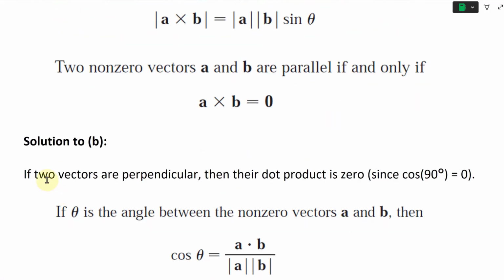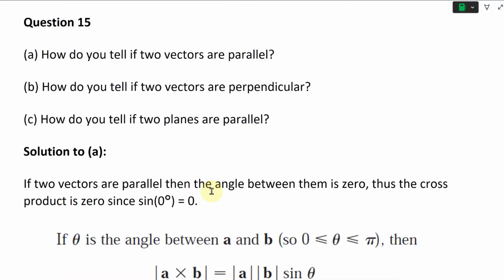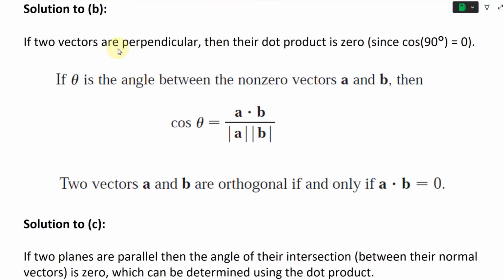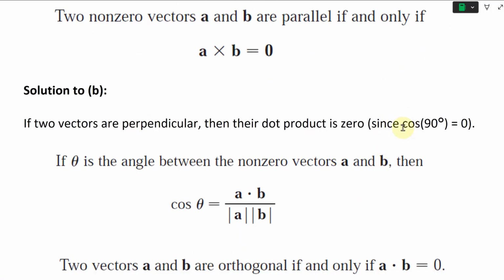All right, so now let's look at the solution to B, which asks, how do you tell if two vectors are perpendicular? If two vectors are perpendicular, then their dot product is 0, as we covered earlier, since cosine 90 degrees is equal to 0.